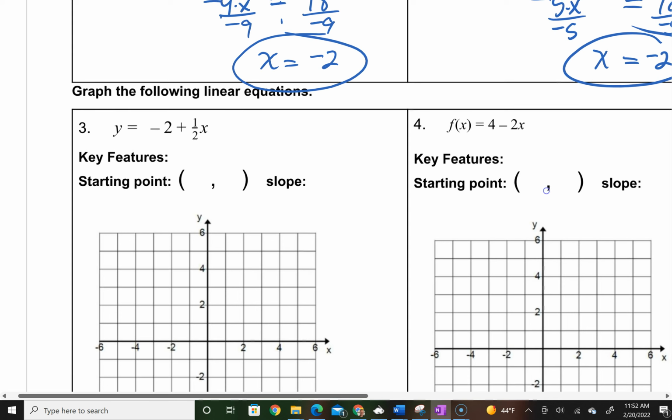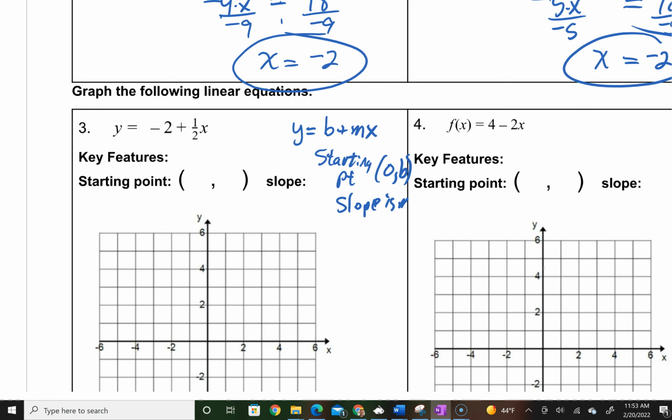Let's review graphing lines. And you might remember that we had y equals b plus mx, or mx plus b. We had a starting point. We had that y-intercept. The starting point, also called the y-intercept, was 0 comma b, and our slope is m.